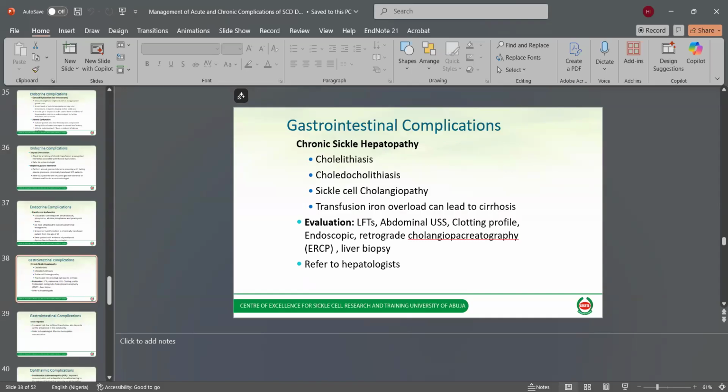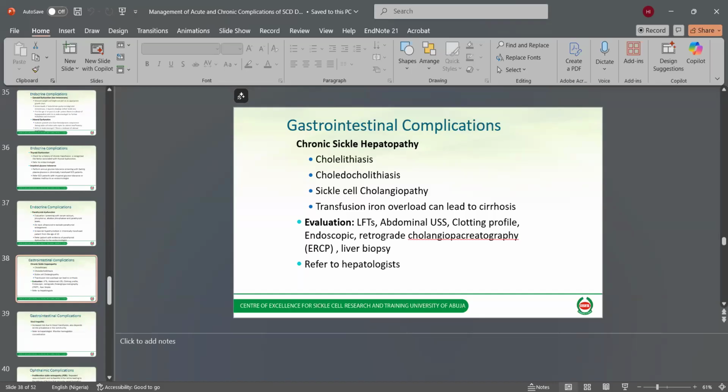Then we have chronic sickle cell hepatopathy. This condition is a spectrum. This could be cholelithiasis, that is gallbladder stones, or choledocholithiasis, where the stones are lodged in the biliary ducts. Then sickle cell cholangiopathy, and transfusion iron overload can also lead to cirrhosis.